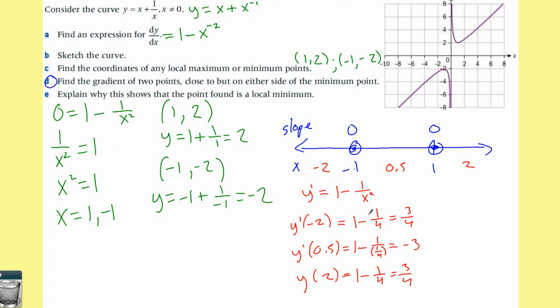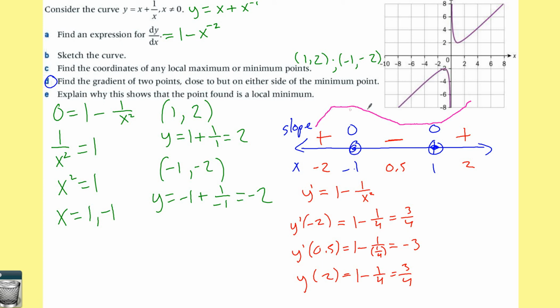So the slope at negative 2 was positive, the slope at 0.5 was negative, and the slope at 2 was positive. So my slope was positive, then 0, then negative, then 0, then positive.